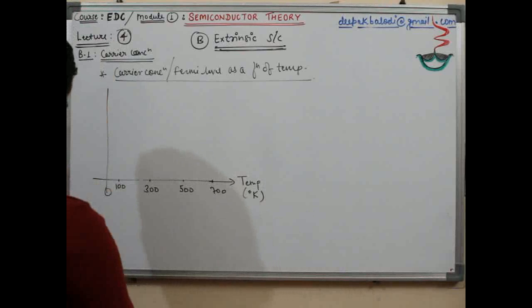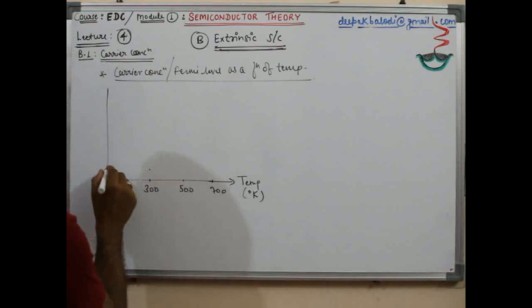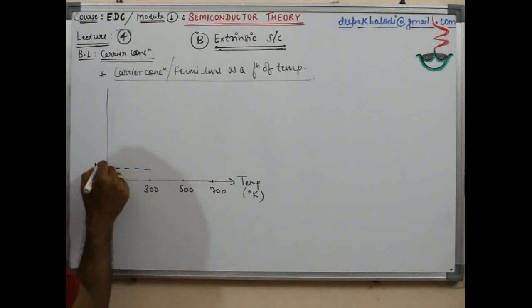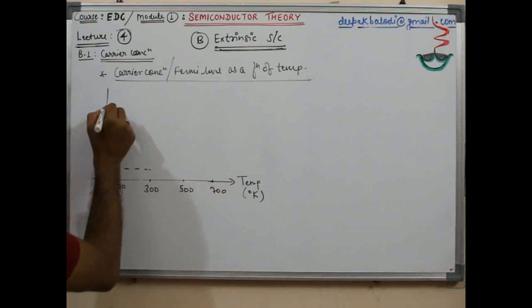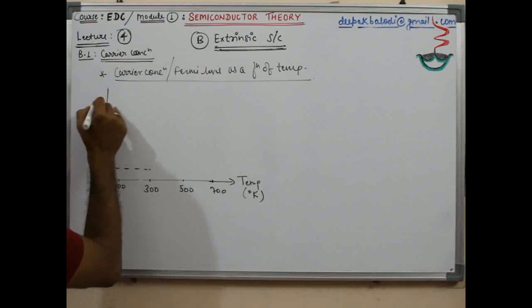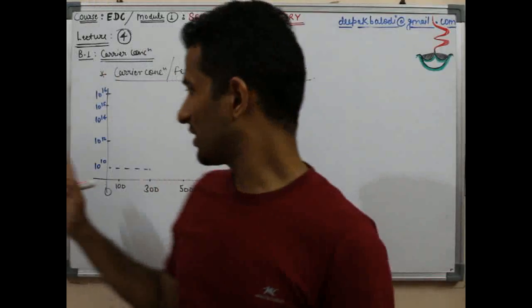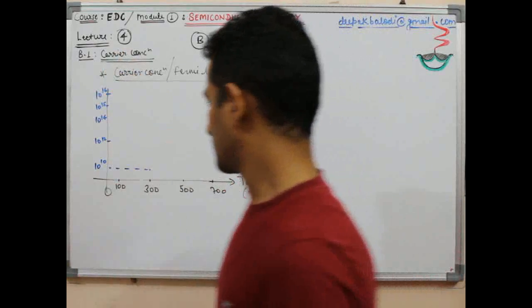But as we increase the temperature, what we expect is, at Ni, a very poor figure of, let's say, 10 to the power 10 for silicon. Then here we have 10 to the power 12, some 10 to the power 14, 10 to the power 15, 10 to the power 16, and like that. This may not be a linear scale because the orders are increasing, so it should be some logarithmic scale, but this is just to understand.